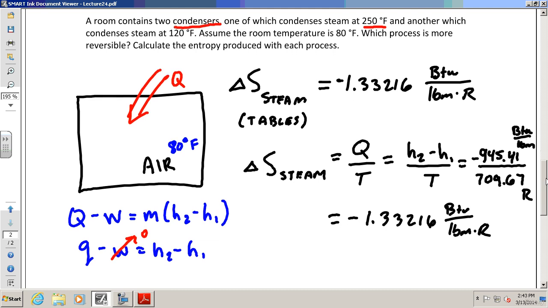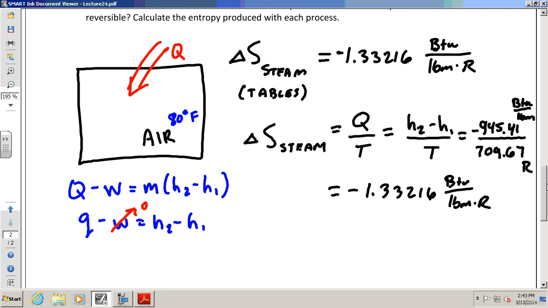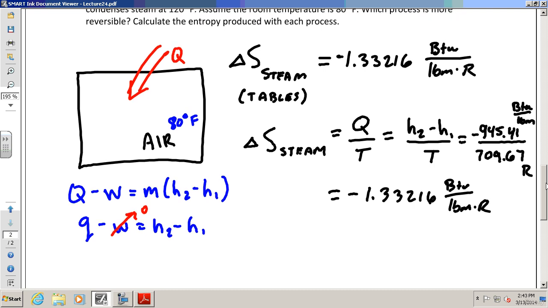All right. So one more thing here. That's the change in entropy of the steam. I want to do the change in entropy of the room, which is going to be really easy in this case. The change in S of the room is going to be the Q over T of the room. But I've already calculated the Q of the room, because whatever is lost from the steam goes into the room.